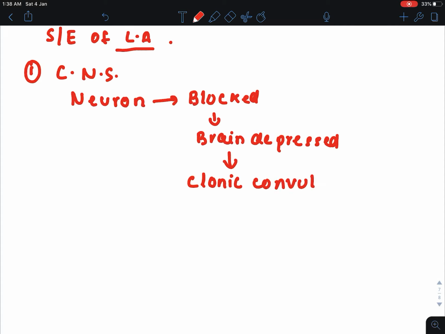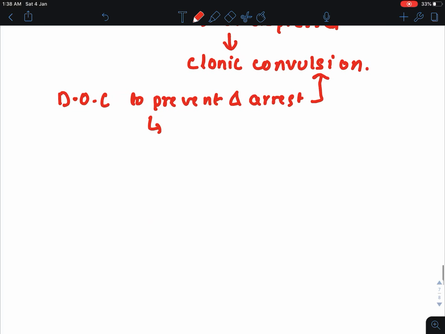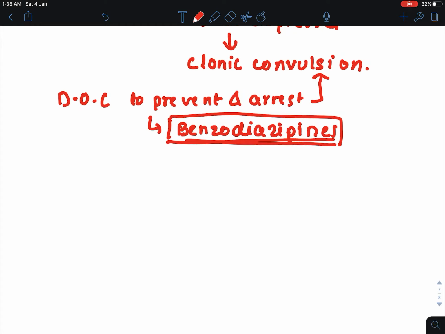Seizures can occur. The drug of choice to prevent and arrest clonic convulsions is benzodiazepines. Propofol and barbiturates can also be used, but they increase cardiovascular depression. Therefore, benzodiazepines are the drug of choice.